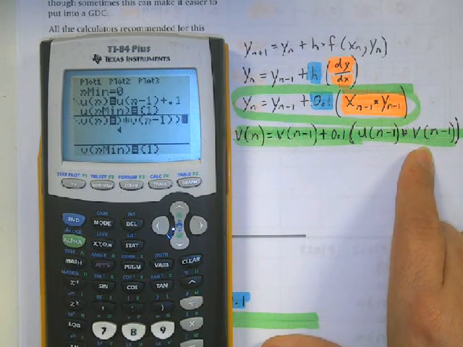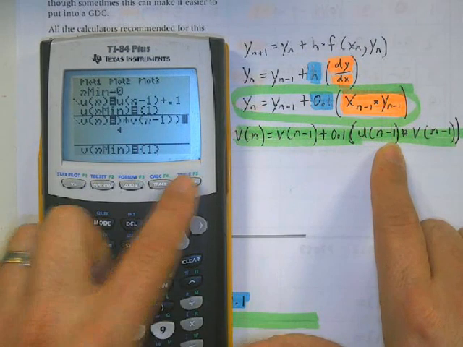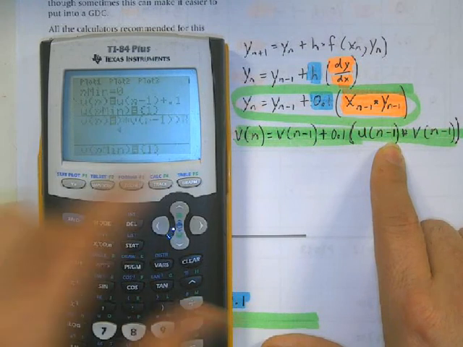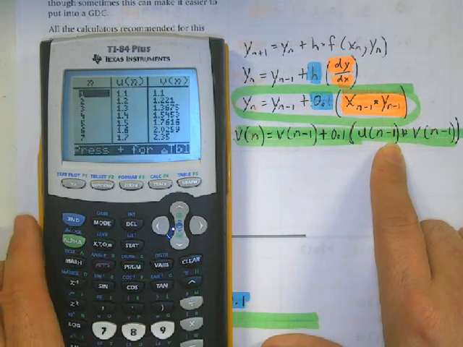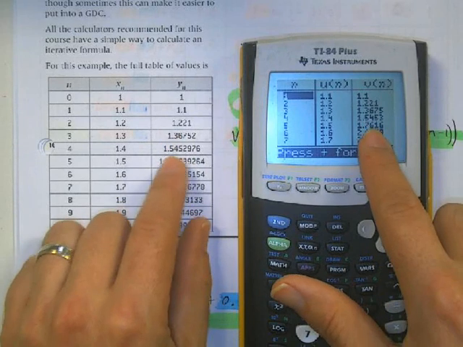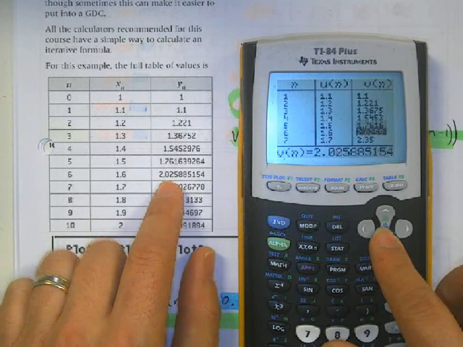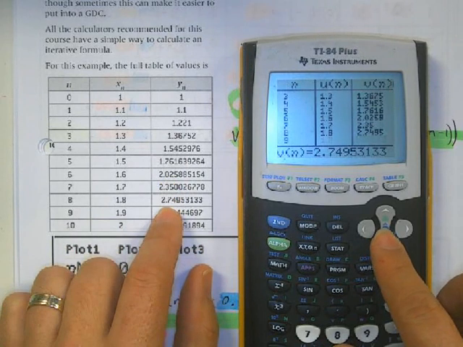I believe I have it all in there correctly. And now I hit second graph, and I get my values. If I've done it right, it should match what I've got here on the table from the textbook. And it matches perfectly. So I've typed it in correctly.